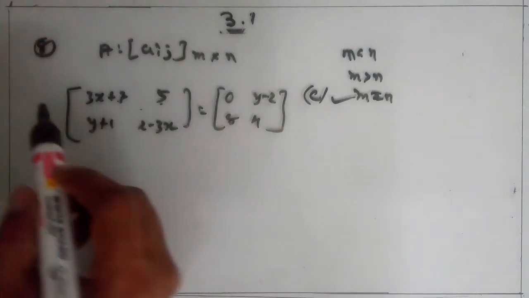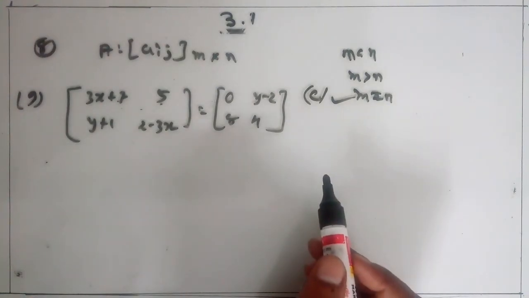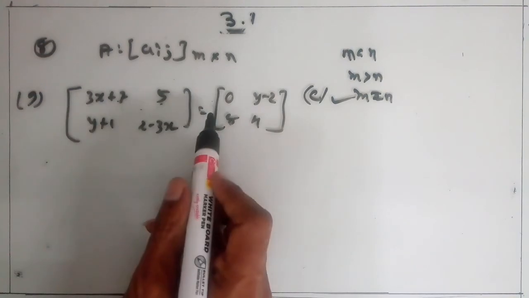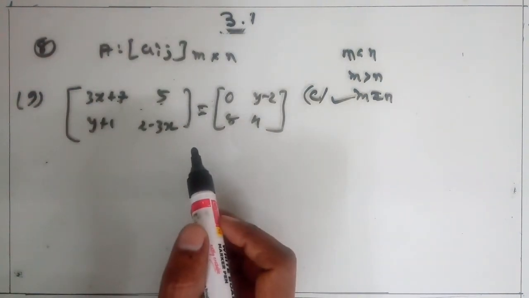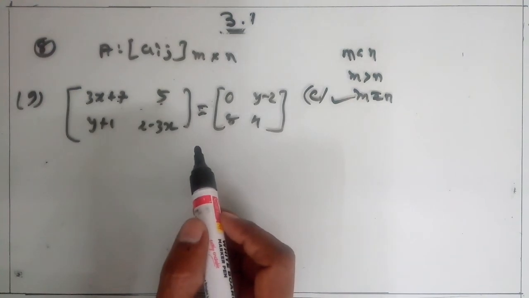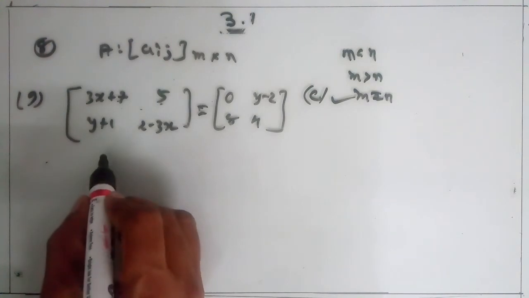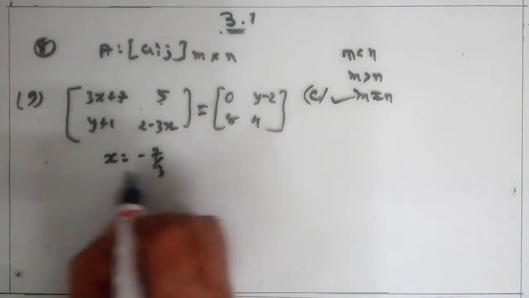Now number 9: which of the given values of x and y makes the matrices equal? Compare the corresponding entries of both matrices. 3x plus 7 is equal to 0, so the value of x becomes minus 7 upon 3.